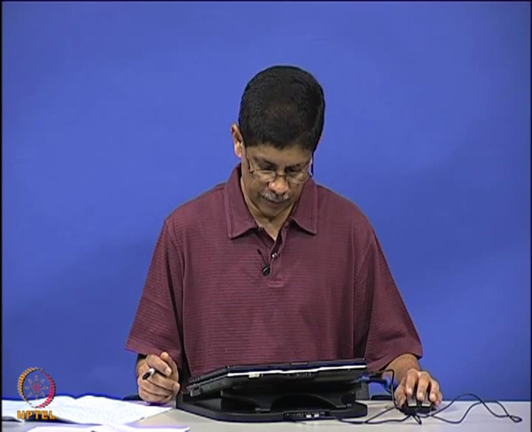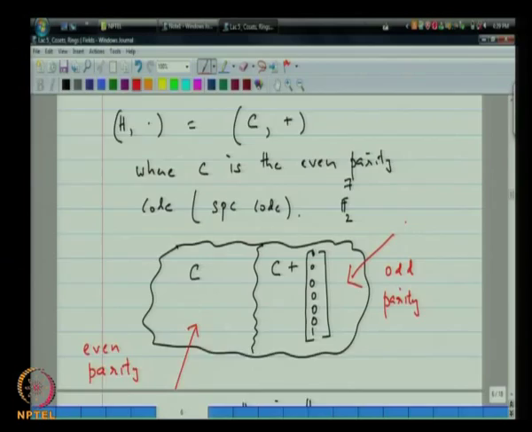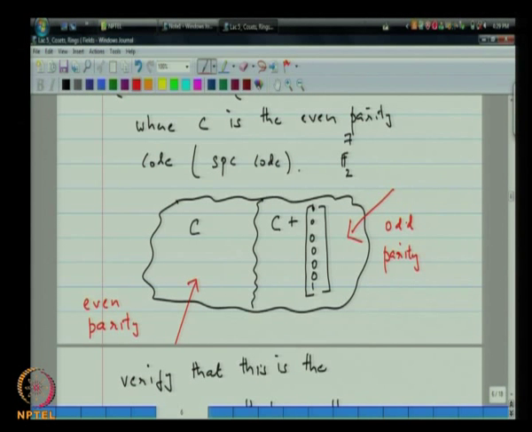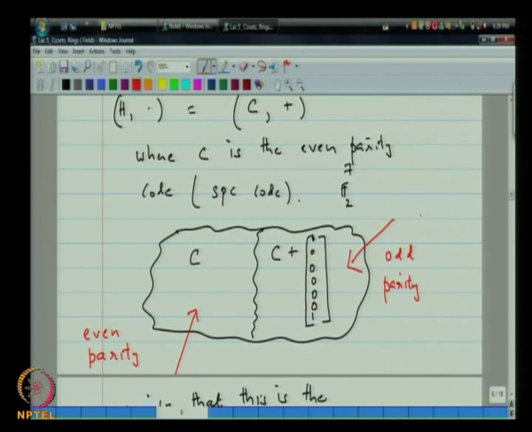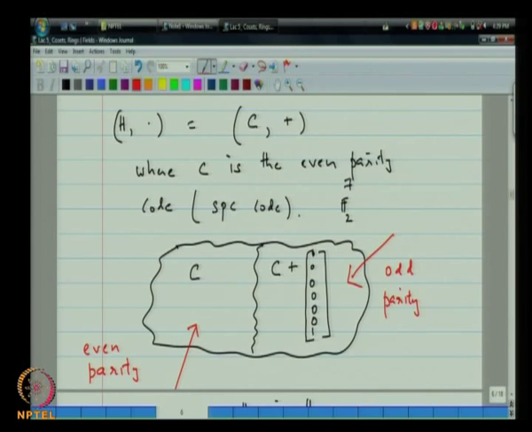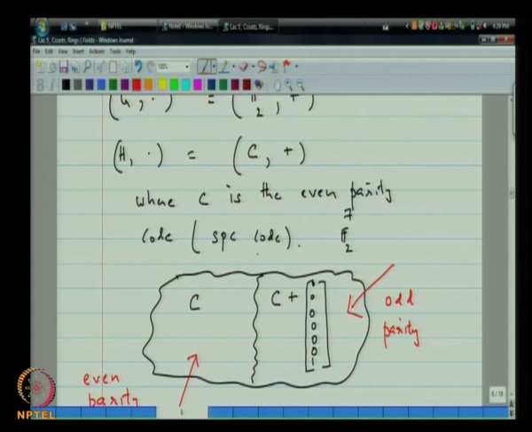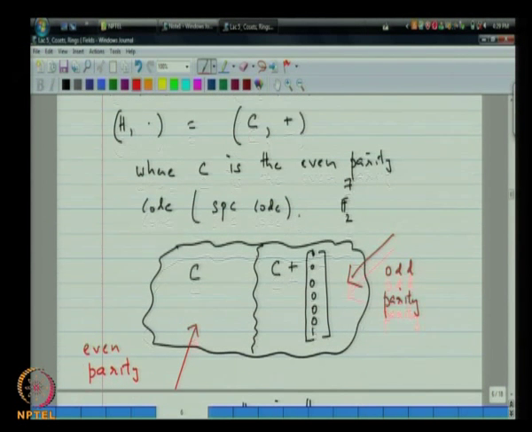Then we also looked at another example in which the group itself corresponds to the set of all binary 7-tuples. The subgroup is the even parity or the single parity check code, and then it turns out that the equivalence classes or the cosets are just C and C plus a vector.